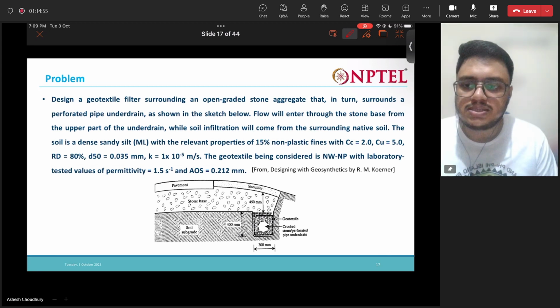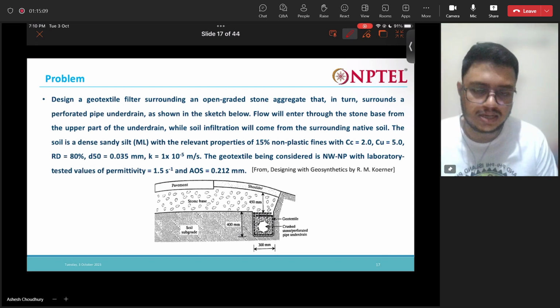The soil is a dense sand with properties, all given here. The geotextile being considered is a non-woven needle punched one with laboratory tested values of permittivity and apparent opening size.